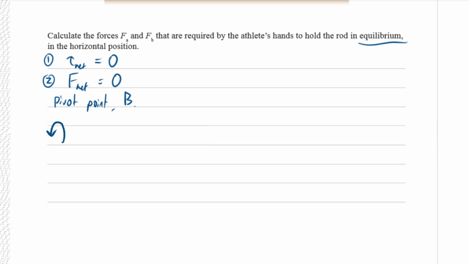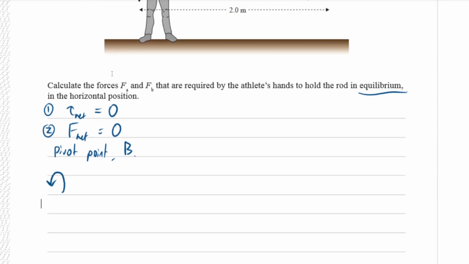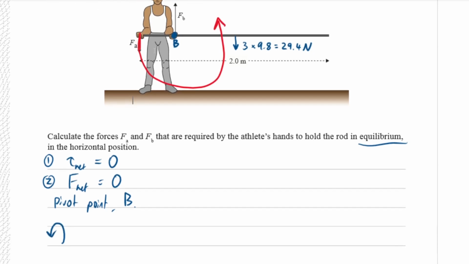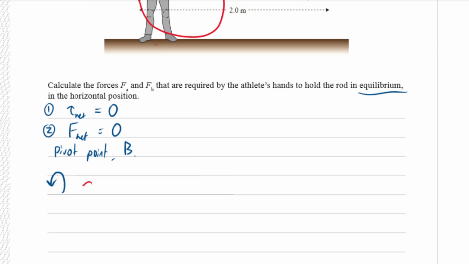Let's work out the anti-clockwise torques first. And so the only force that's going to want to rotate the rod this way is FA. So anti-clockwise torque is FA times 0.3.